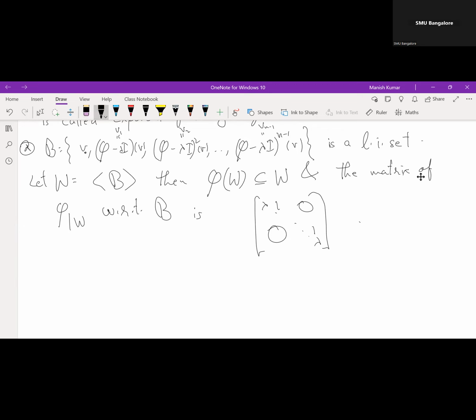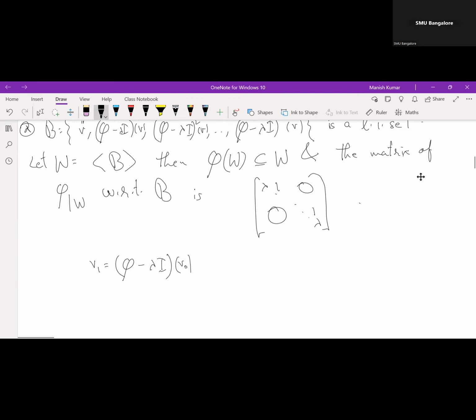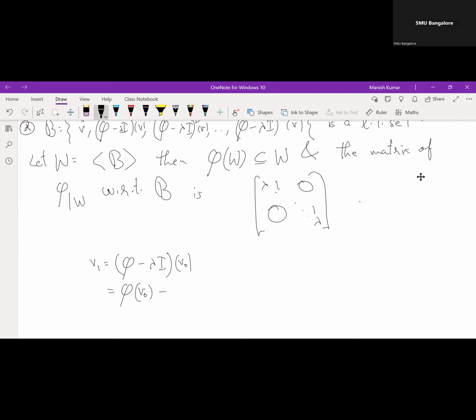V1 is phi minus lambda I of V, and V is the same as V0. So this is phi V0 minus lambda V0.